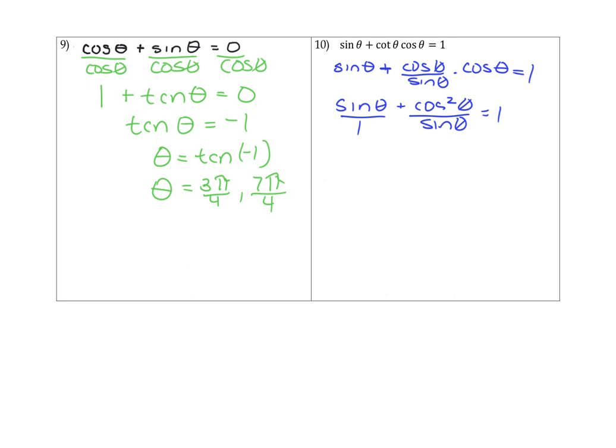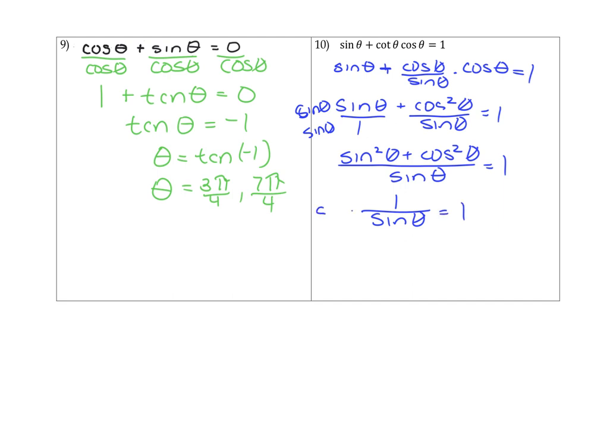Now I want to get a common denominator, so I'm going to multiply by sine over sine. And now I have sine squared theta plus cosine squared theta over sine theta equals 1. Well, there's Big Daddy, so 1 over sine theta equals 1. Multiply both sides by sine. So I get 1 is equal to sine theta.